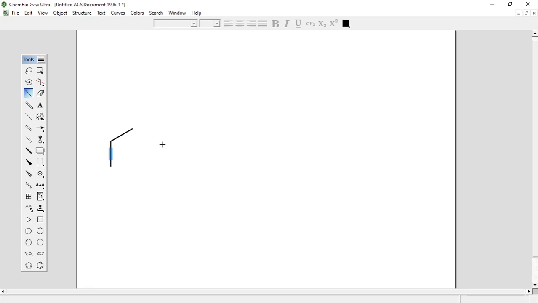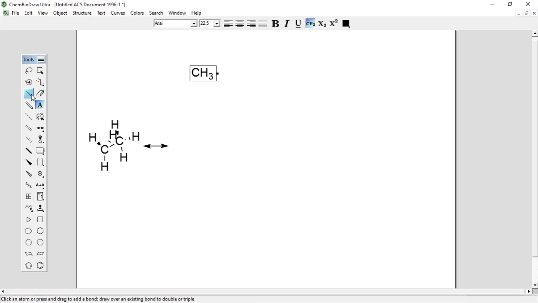Simple line. Hydrogen, hydrogen, hydrogen, and front carbon. This is the structure of ethane, CH3, and this is in an eclipsed form.